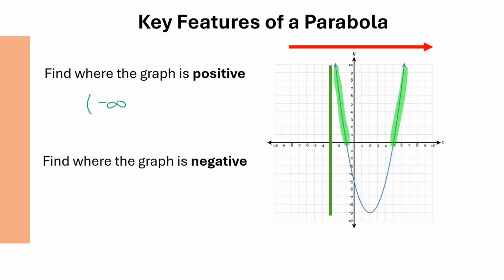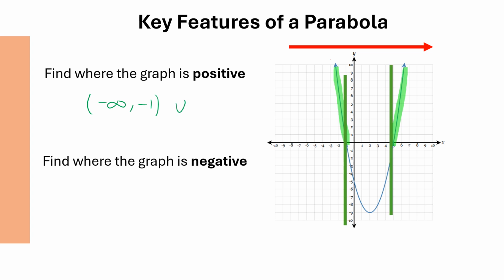And then move your pencil to the right, and you will see that it stops at negative 1. And because the positive parts of the graph are not connected, you're going to say union, and then again continue on the left side. It starts at 5, and it continues to the right, ending at positive infinity.